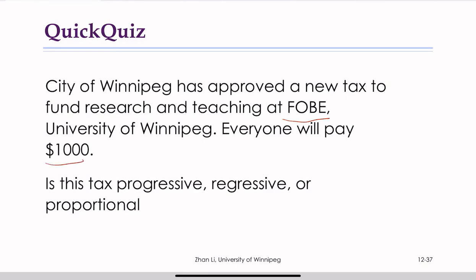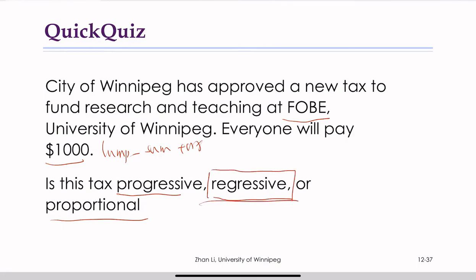Obviously, first, this is a lump sum tax, right? Because everybody is paying the same amount, no matter what your income is. And whether it's progressive, regressive, or proportional, well, if you carefully think about this, you can see that it's actually regressive.